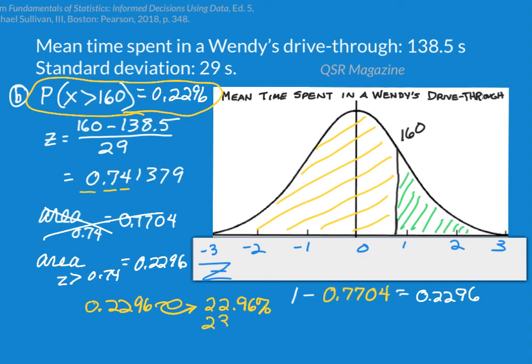Let's round it to 23%. And I'm rounding it to 23% because it's getting late and I'm stumbling over my words, and that's easier, okay? So 23% of the people going through the Wendy's drive-thru will be there more than 160 seconds. Another way to look at it is the probability that you will be in the Wendy's drive-thru for greater than 160 seconds is 23%.